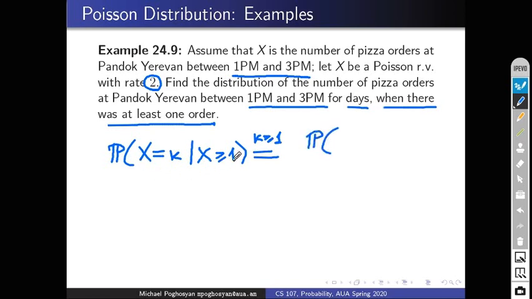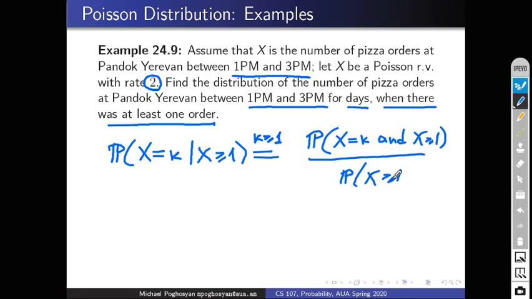By the definition of this conditional probability, we will have the following: the probability that X is equal to K and X is larger or equal than 1, over the probability that X is larger or equal than 1.